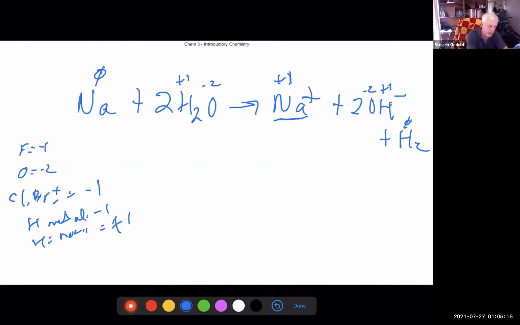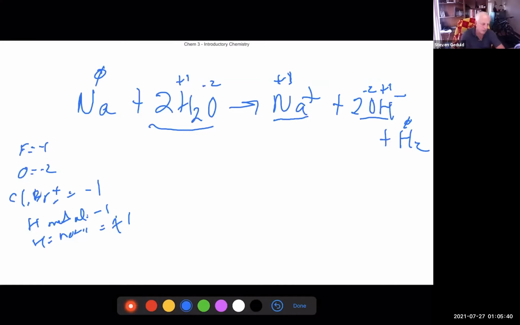H2O has a -2 from oxygen and two +1s, which comes out to 0. The charge on water is 0. For OH-, oxygen is -2 and hydrogen is +1, a net charge of -1. H2 is 0.